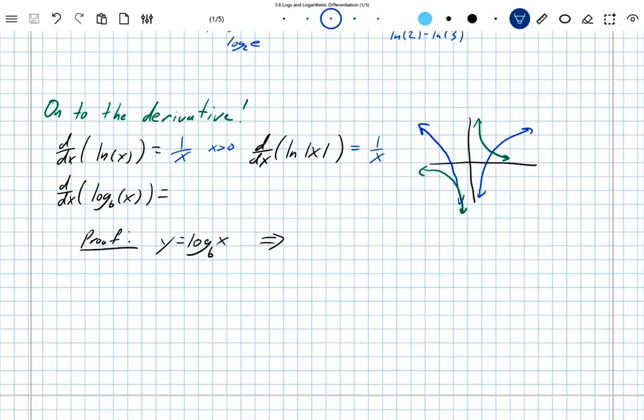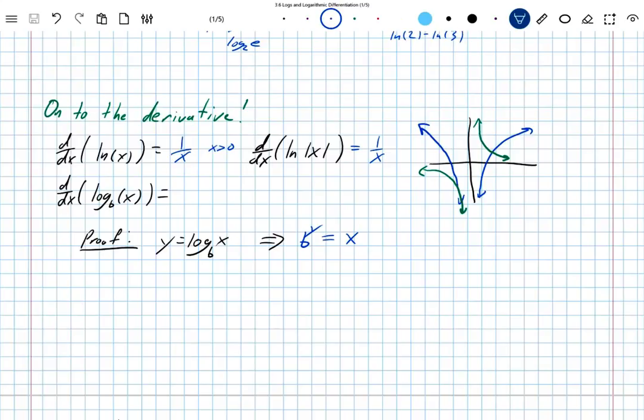Okay, the one thing I really know about a logarithm to define it is that it's an inverse function. So let's actually talk about this in terms of its inverse. This means that b to the y is equal to x, right? b to what power is x? That's what this is saying. That's what it means to be an inverse. This looks a little messy, but now that we can do implicit differentiation, we can find dy dx.